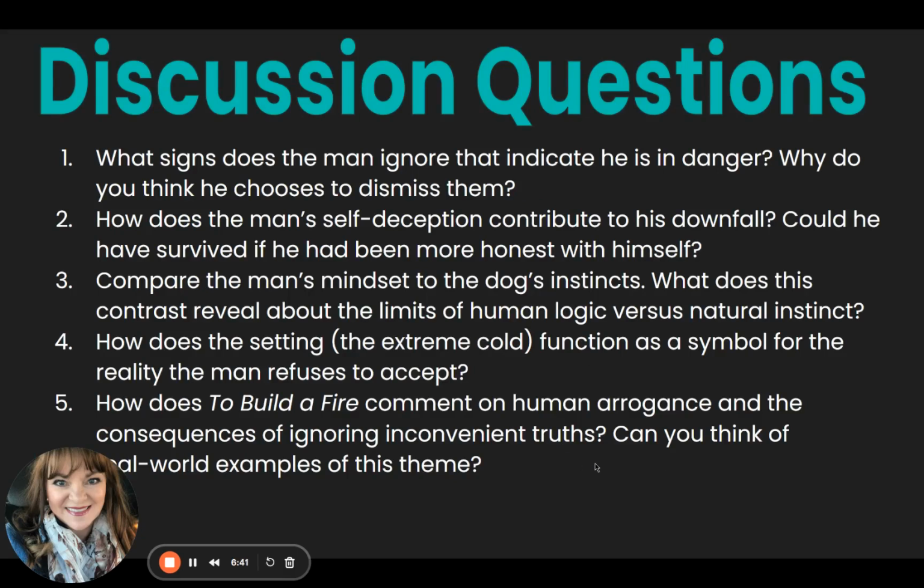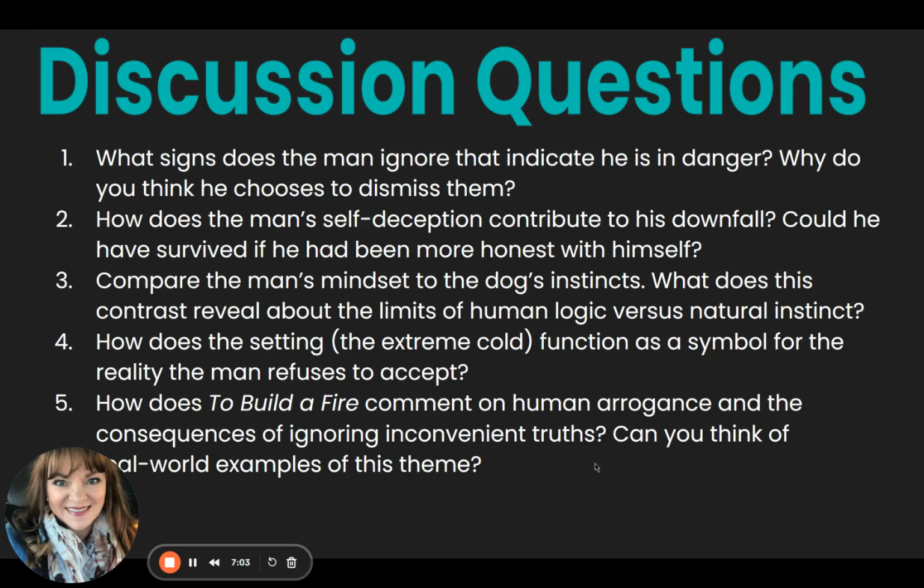So, discussion questions are going to come out of this later on. Don't worry about these for now, but just keep in mind that I am going to be asking you questions down the road about what signs the man ignores that indicate he's in danger. Why do you think he chooses to dismiss these signs or these indications?